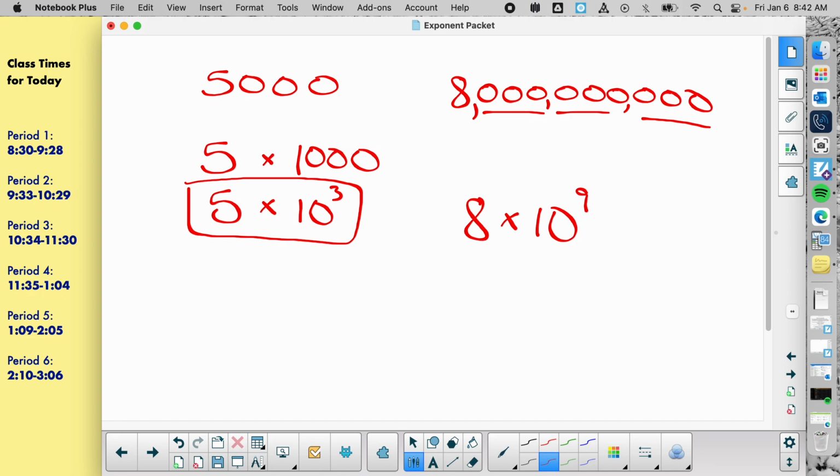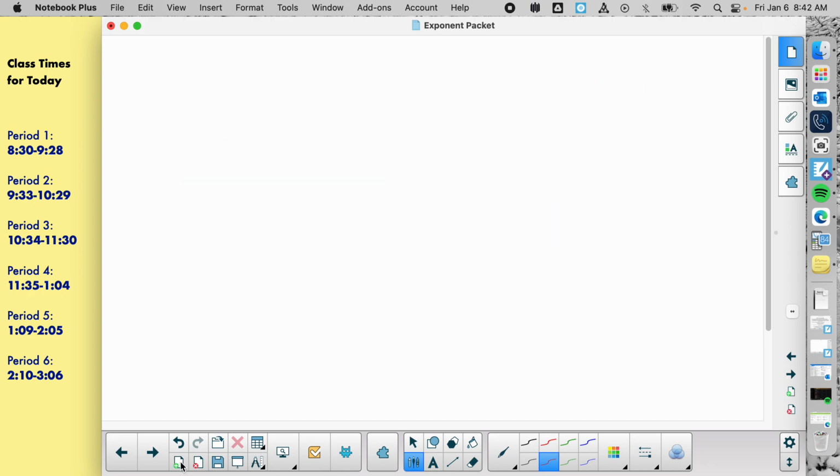Okay. Where it gets more complicated is when you start having more numbers. So this doesn't mean 3267 with 6 zeros. This means that you're going to have the number 3267 and it's going to be 6 places over.